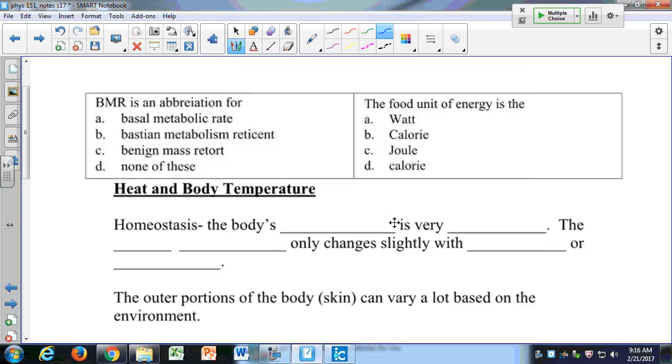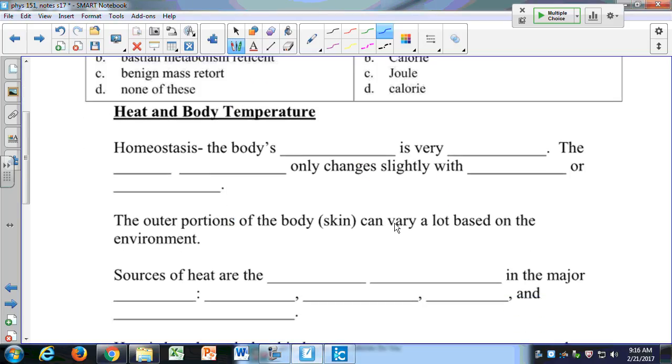All right. So let's look at heat and body temperature. Homeostasis. I think this was actually on the quiz. Am I right? If I recall correctly. Homeostasis is the fact that the body's temperature is very regular. We're not like alligators who are cold-blooded and their temperature is dependent upon their environment.